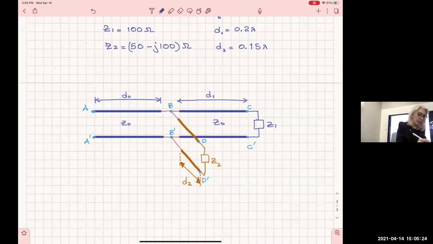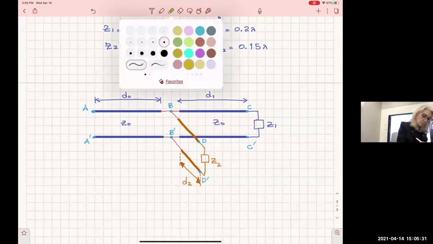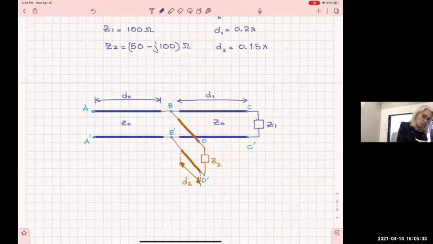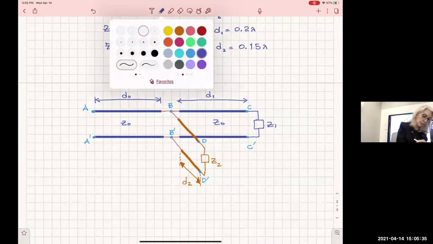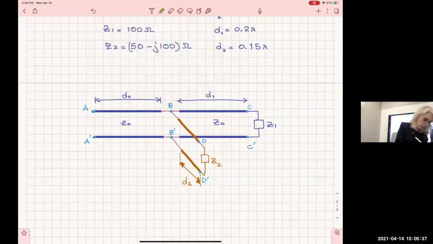And I may also give you a source up here. Oops, sorry. I may give you a source on the left side. And this source may have an internal impedance ZS.